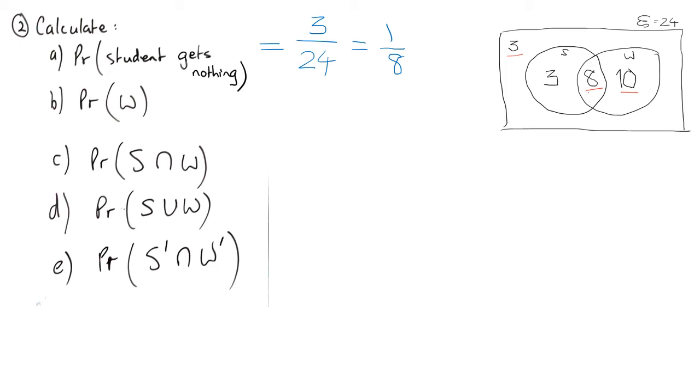So it doesn't matter that these 8 people are also in set S. All that matters is that there are 18 people who are in set W, which means that our probability here is just going to be 18 over 24, which is 3 out of 4 in its simplest form.